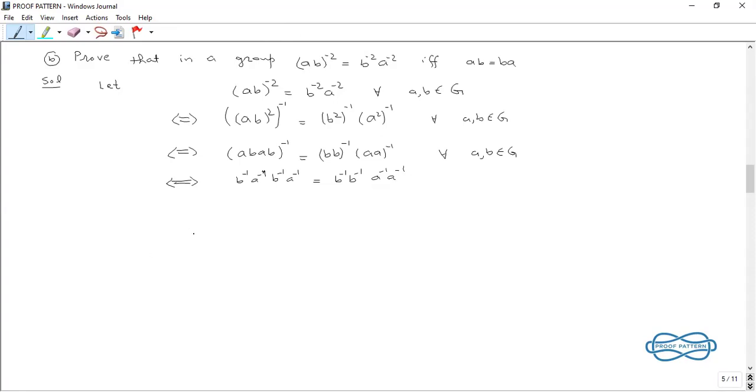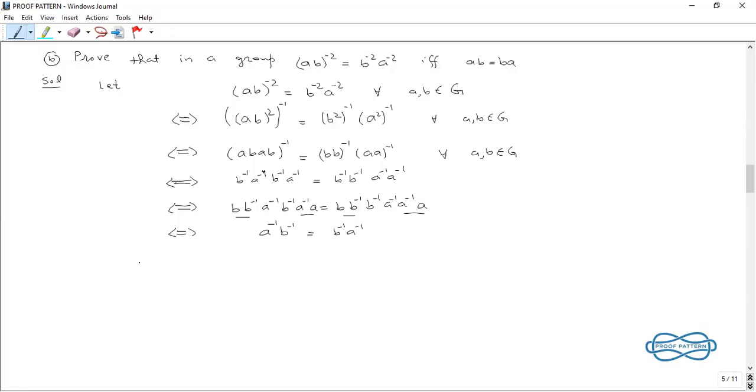Okay, if we pre-multiply by B on both sides, we get this one, and this is if and only if, and also post multiply by A in the same step. We get this is identity, this is identity, this is identity, and this is identity. What we are left with is A inverse B inverse is equal to B inverse A inverse.